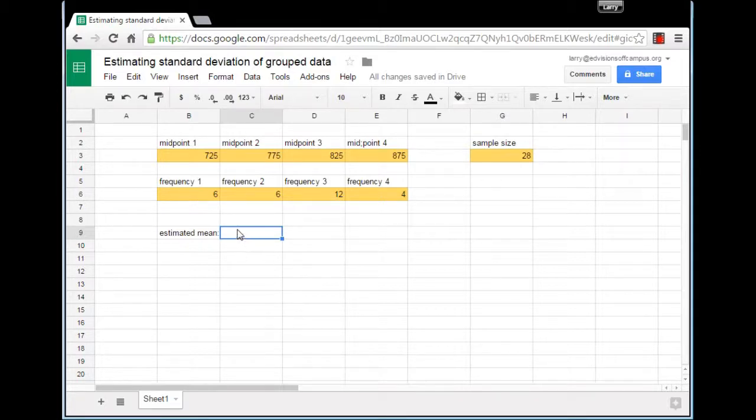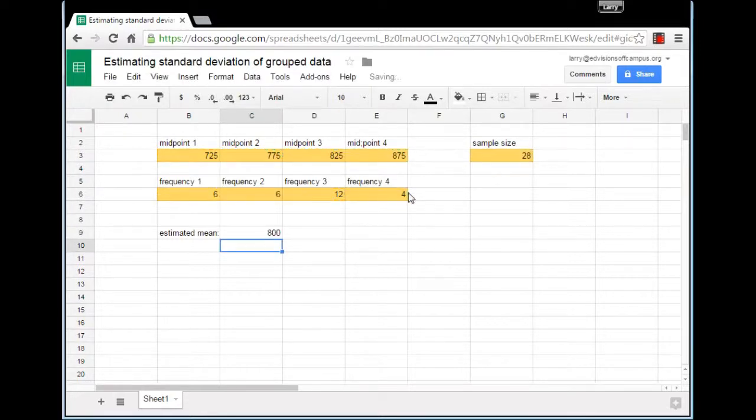So I'm going to start with an equal sign and a set of parentheses, and we'll do this cell times this cell plus this cell times this cell plus this cell times this cell plus this cell times this cell, and then we'll end our parentheses, and then we're going to divide the whole thing by this cell.